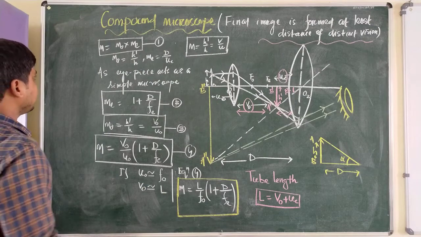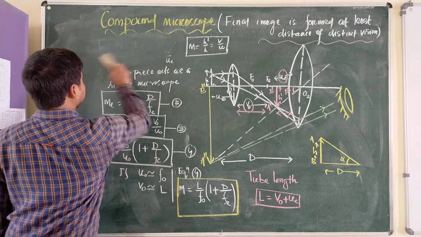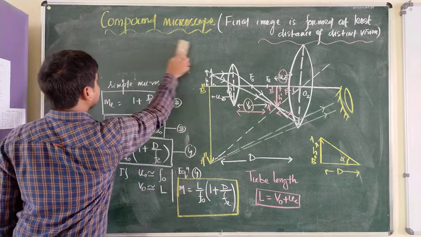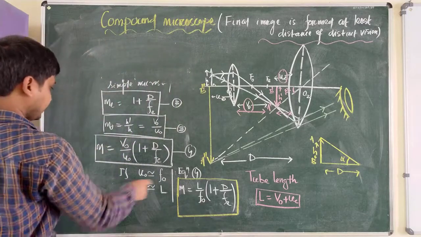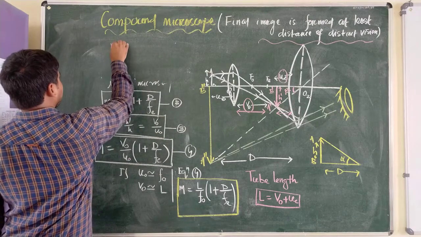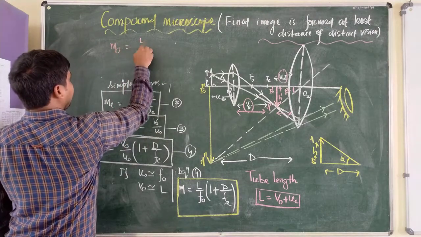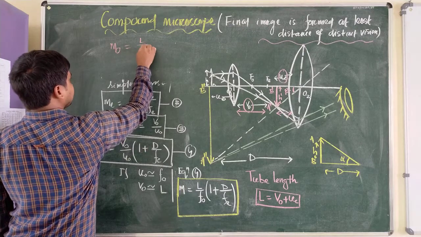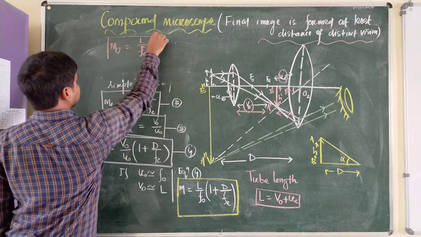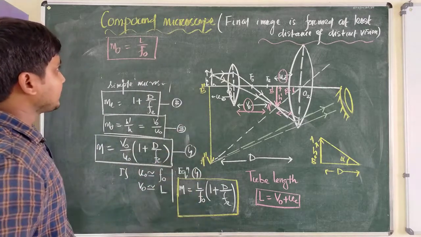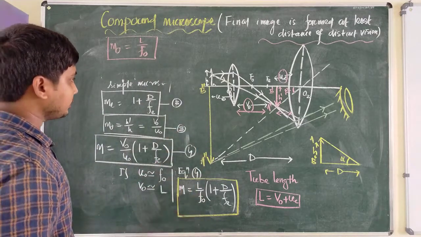I just note it down here because I will declare in this equation the magnification of the objective, MO, is equal to L by F0.